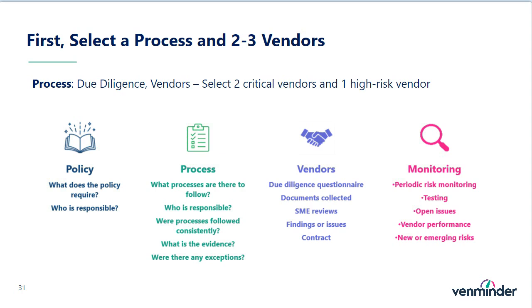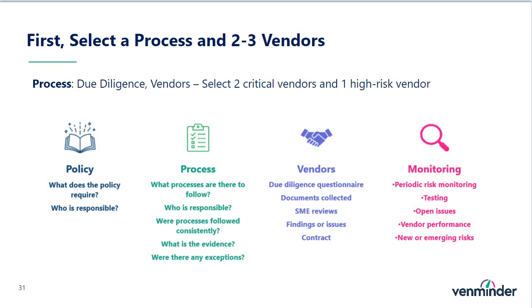Maybe your policy says that due diligence must be complete before contract execution, so we need to make sure that it was. I would look at the processes that are used to meet the requirements and see who's responsible for each part of the process. From there, I want to look at where the process is consistently executed and if the processes were managed according to the requirements.